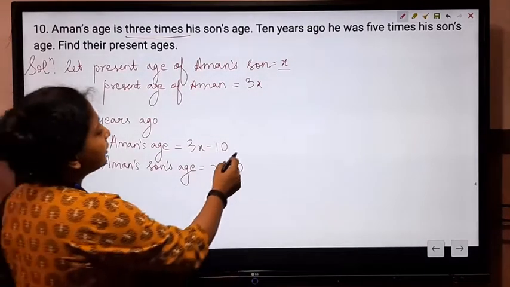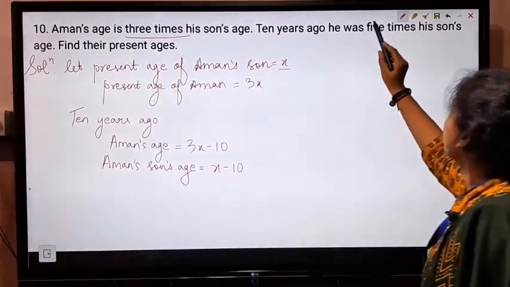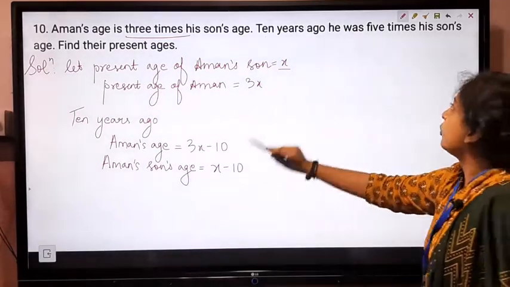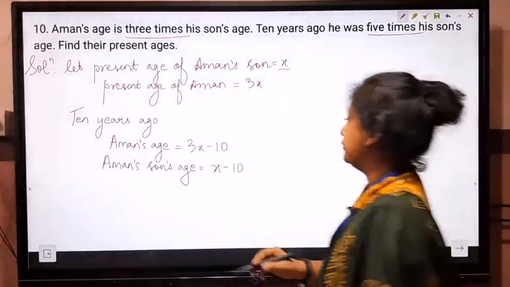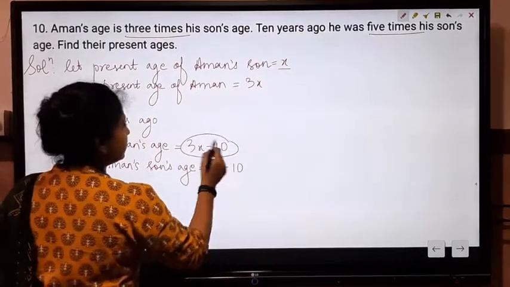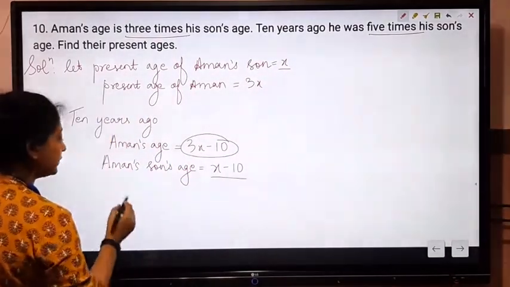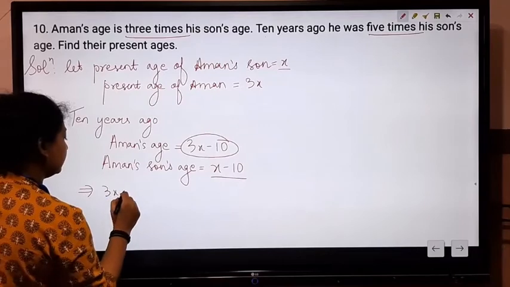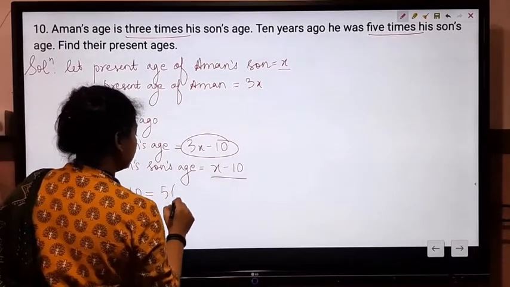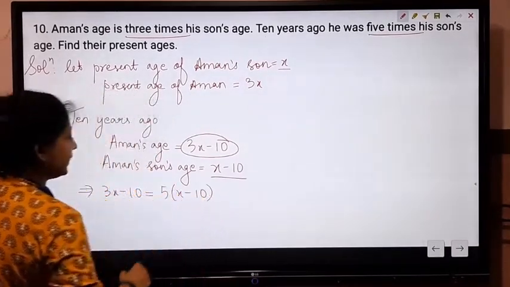Okay, the relation between these two ages is given as 10 years ago Aman was 5 times his son's age. That means this age is 5 times this age. This implies 3x minus 10 equals to 5 into x minus 10.